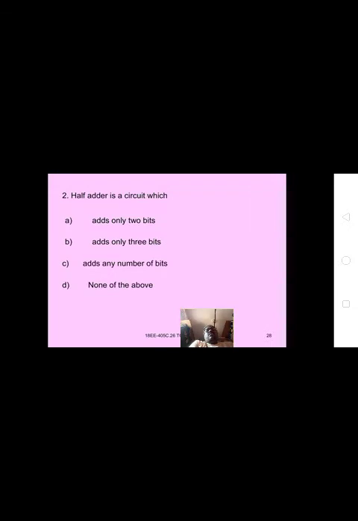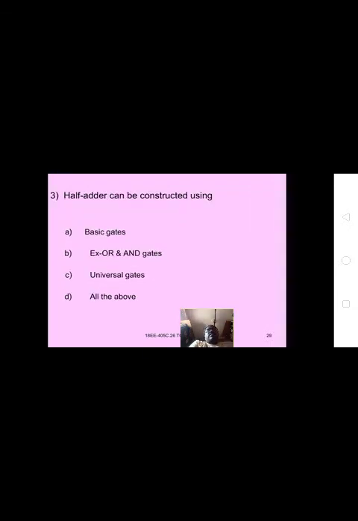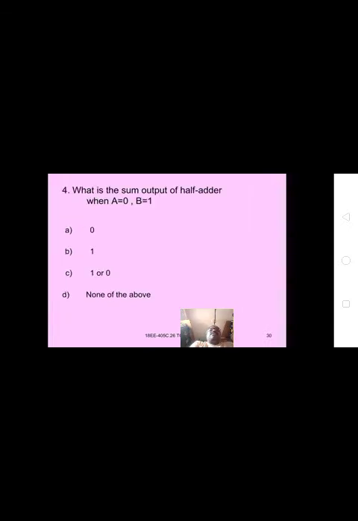Third one, half adder can be constructed using A, basic gates, B, XOR and AND gates, C, universal gates, D, all the above. Half adder can be constructed using XOR and AND gates. B is the correct answer.